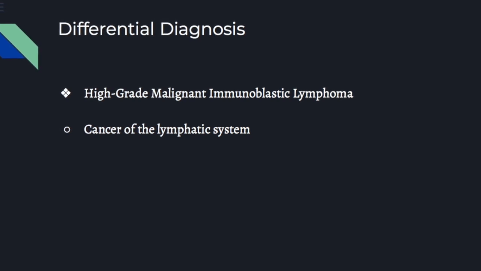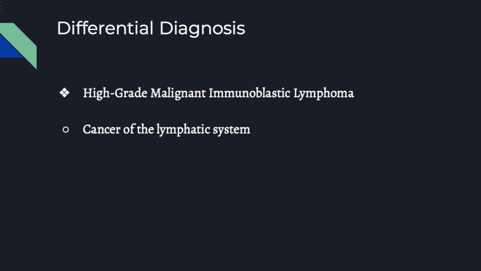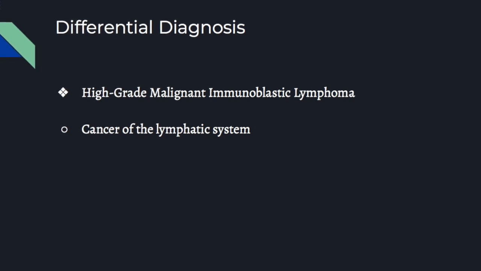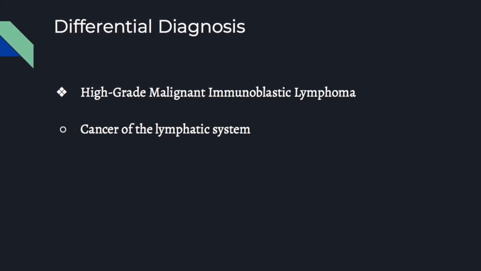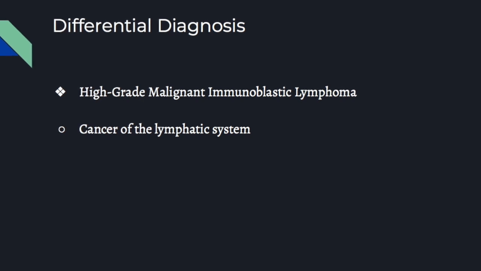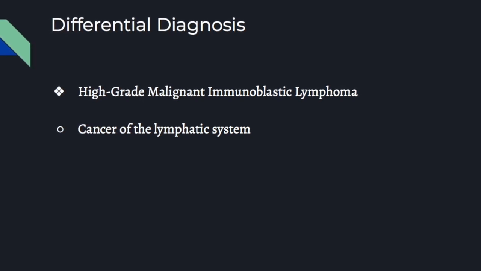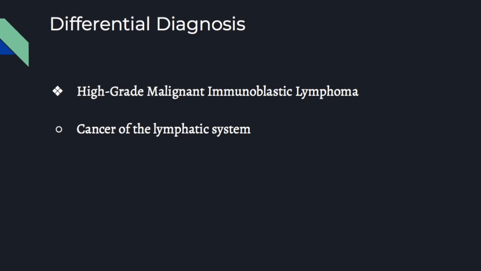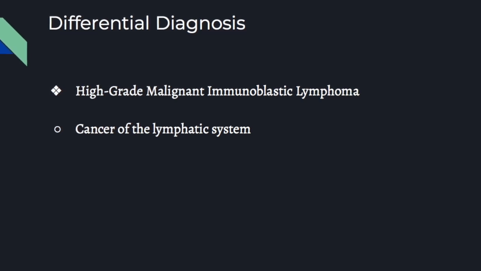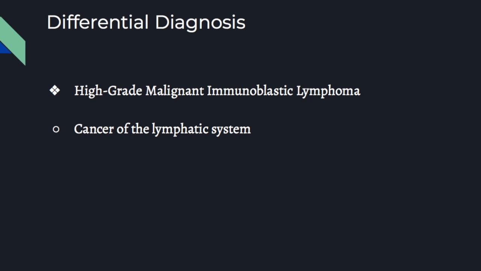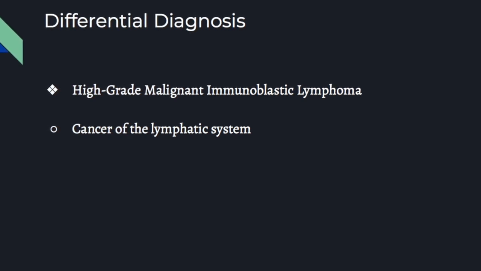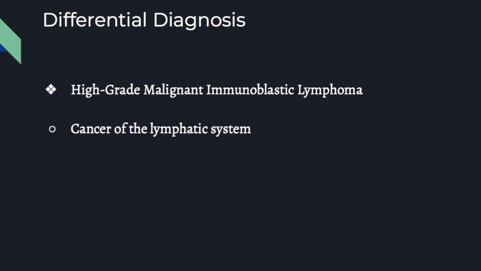Another differential diagnosis, another disease that also shares the same signs and symptoms, is known as high-grade malignant immunoblastic lymphoma. Now, this is a malignant disorder of the B cell, and it is a cancer that begins in infection-fighting cells of the immune system. And in this case, like I said, this cancer affects the B cells.